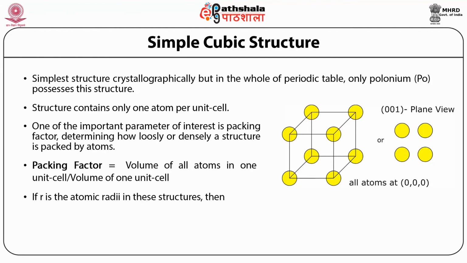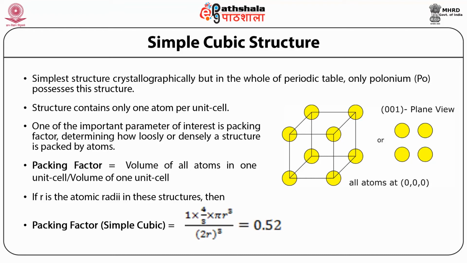If r is the atomic radius in these structures, then the packing factor for simple cubic structure is given as the volume of all atoms in one unit cell, that is 1 into 4 by 3 pi r cube, divided by the volume of one unit cell, that is (2r) whole cube, which comes out to be 0.52.